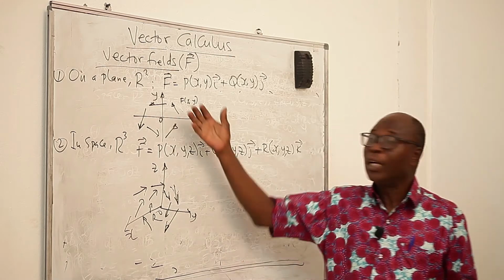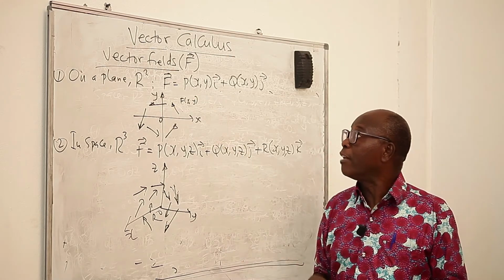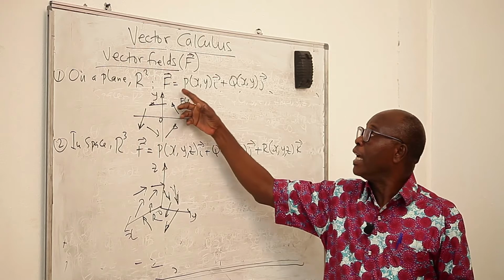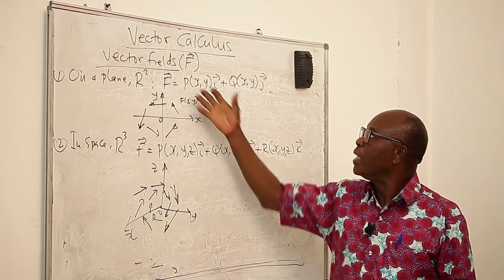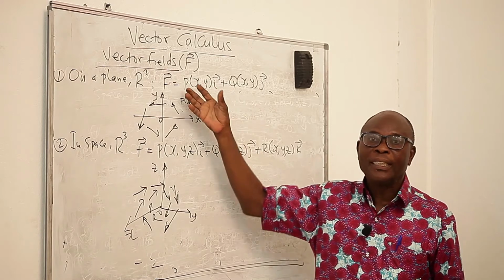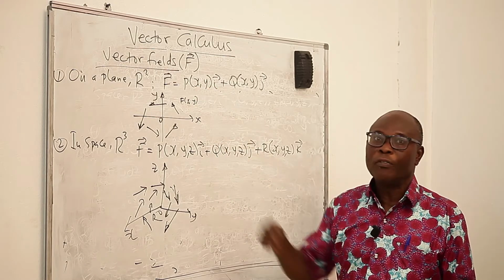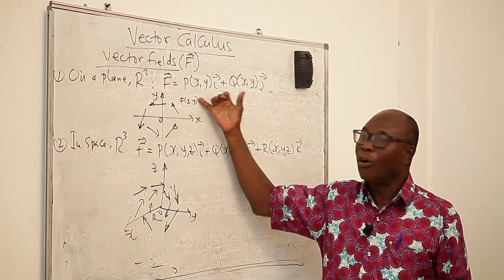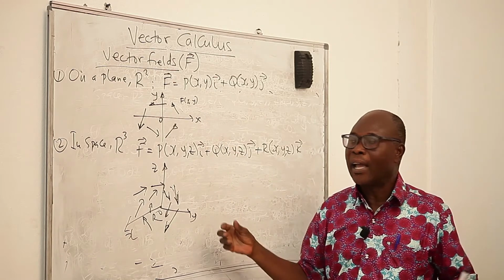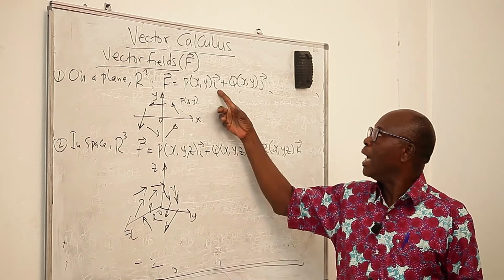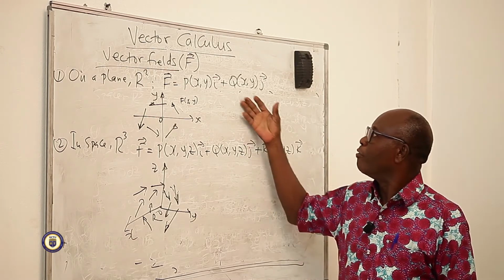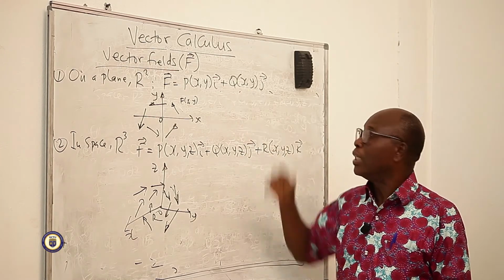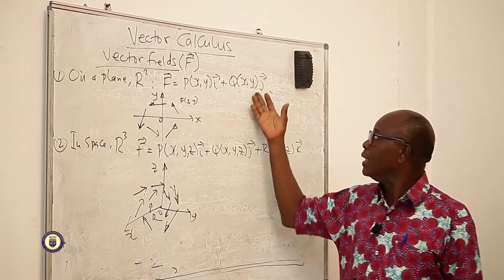Vector field. For a two-dimensional vector field, F gives us P(x,y), the component of the force operating on the x-axis, i, and then the component of the vector which operates on the y-axis, as j.